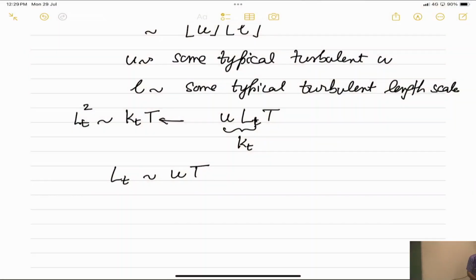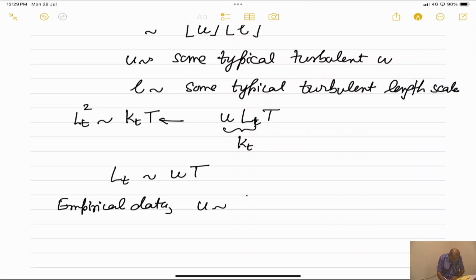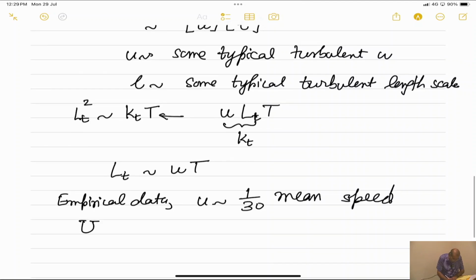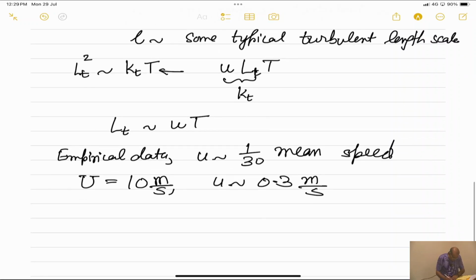Now, to get u, we use empirical data, and u is typically something like 1 over 30 times the mean speed in these flows. So, if capital U, the mean speed, is 10 meters per second, small u is of the order of 0.3 meters per second.